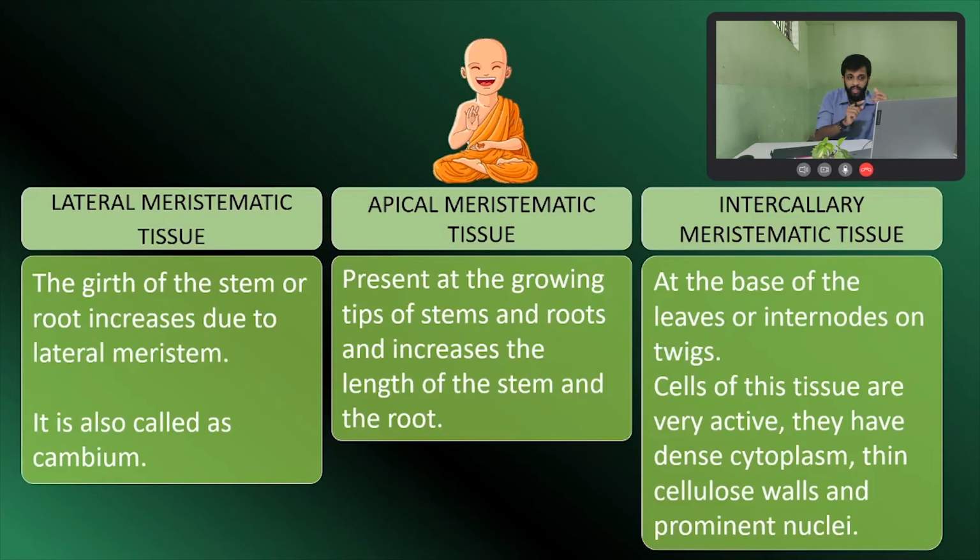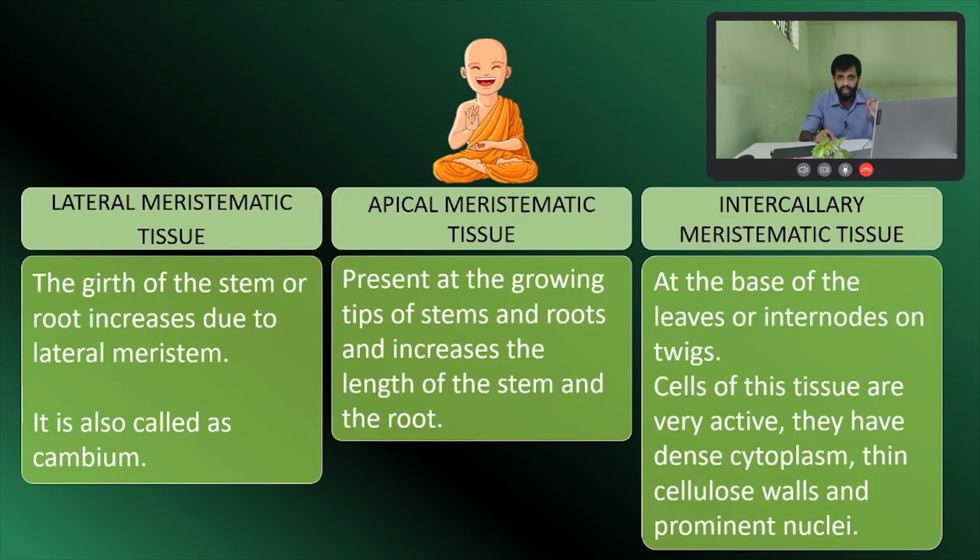So that it doesn't happen, the cells are very active and they have dense cytoplasm and thin cellulose walls, because of all the characteristics that they have to survive, right? The plant has to live. So because of this, all these properties come into play. So where is it found? It is found at the base of the leaves or internodes of the twigs. Twigs are nothing but those tiny branches that come out.